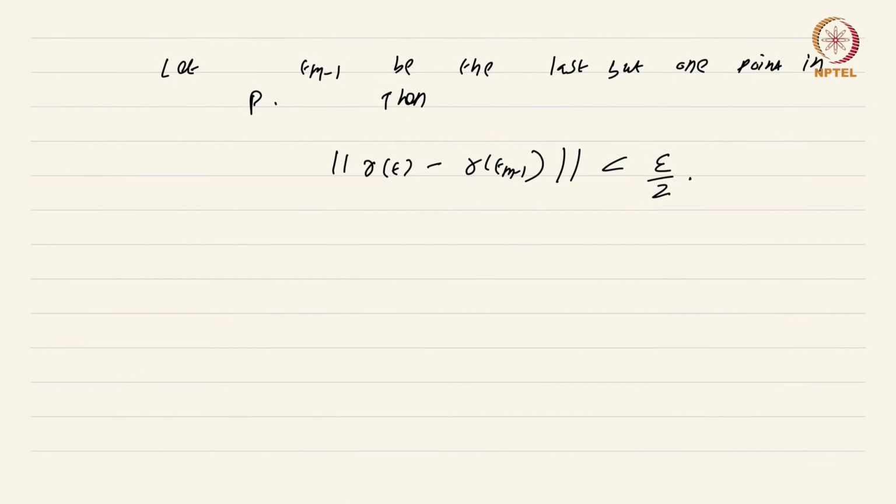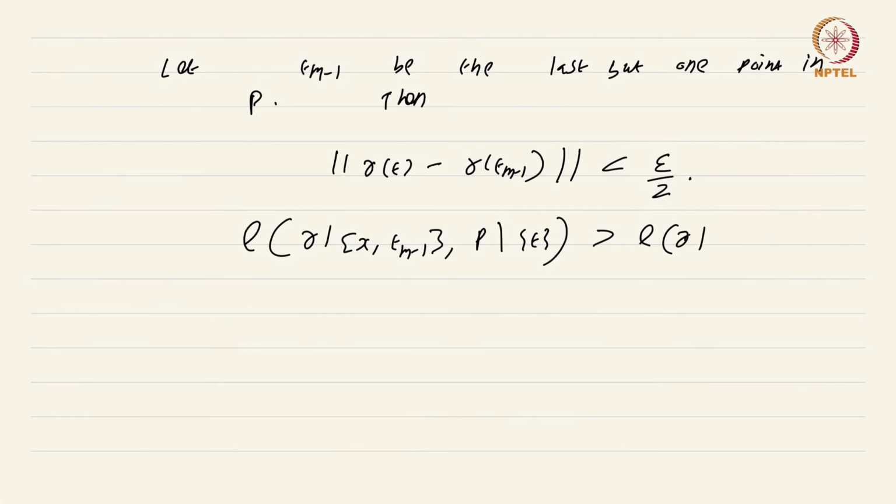Okay. Now what this means is that if I consider the length of the curve gamma up until the point x, up until the point t_{m-1}, up until the last but one point, and I take this special partition P minus the final point t, this will obviously give a partition of x t_{m-1}. With respect to this partition, we know that this is going to be greater than length of gamma on xt minus epsilon.